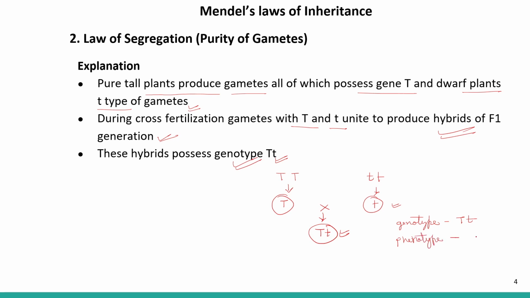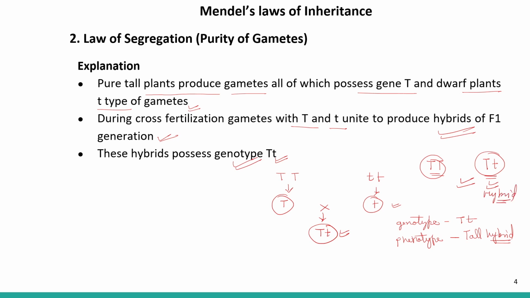Phenotype will be tall hybrid. Actually, we cannot differentiate the tall plant with genotype capital TT from the tall plant with capital T small t. Phenotypically, they will look alike, but when we see the genotype, this one is the hybrid one.